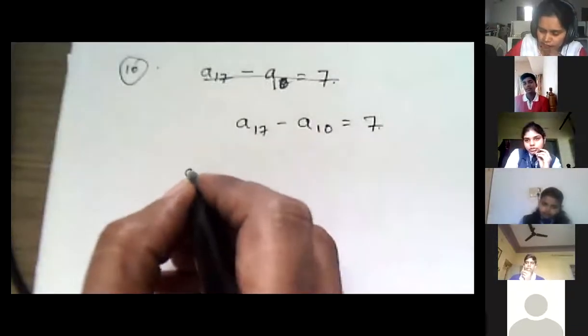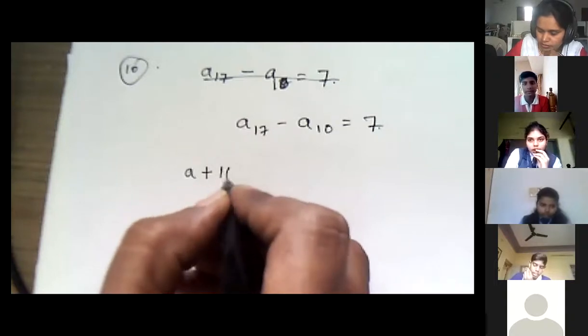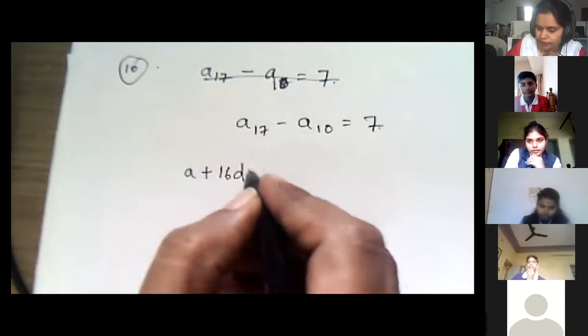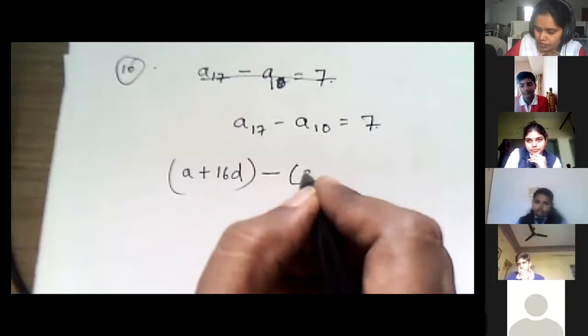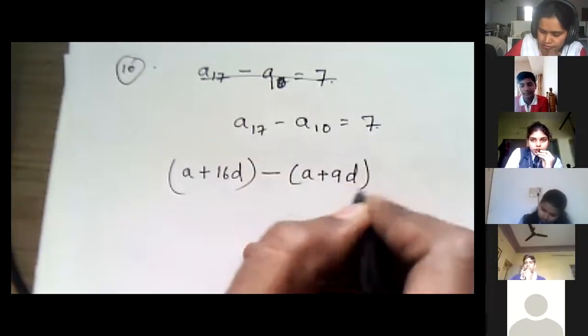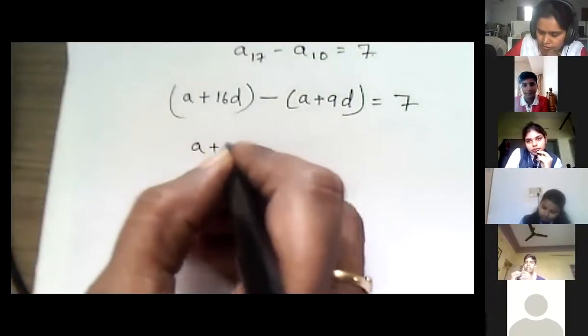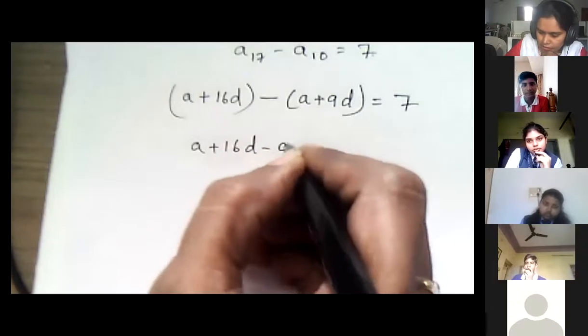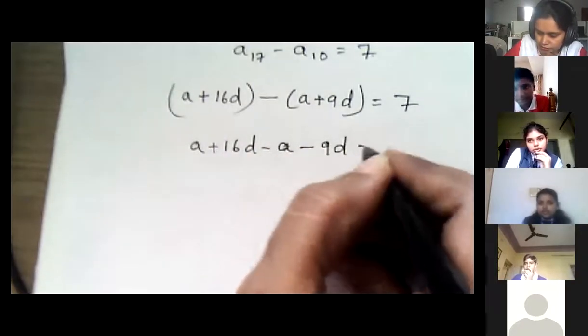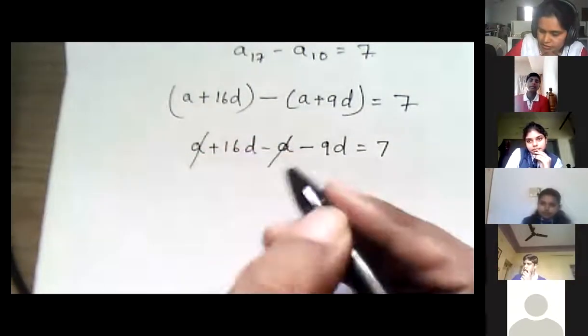A17, how will you write? A plus 16D, minus A plus 9D, equals 7. Now simplify this. A plus 16D minus A minus 9D equals 7. A and A get cancelled.